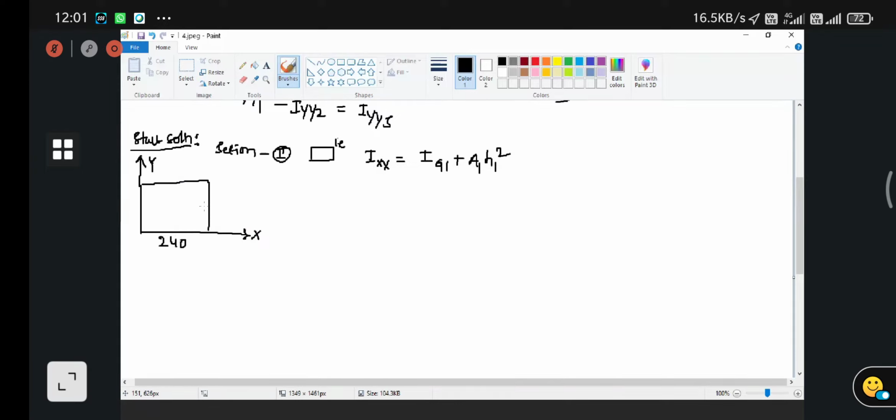If you draw the diagonals for this rectangle, you are going to get the centroid. Any axes passing through the centroid are called centroidal axes. I am going to assume them as Gx and Gy, which are the centroidal axes represented by the alphabets Gx and Gy respectively.